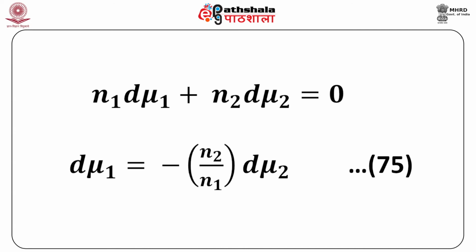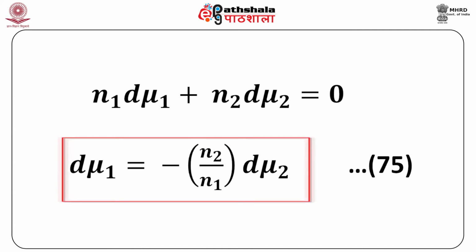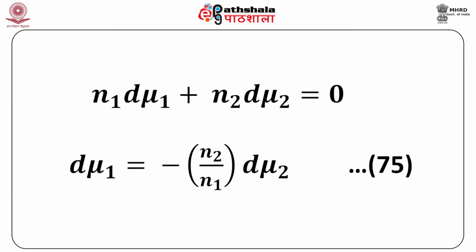On rearranging, we have d mu1 equals minus n2 by n1 into d mu2. This is our equation 75. Thus, we can say that the variation in chemical potential of one component of the system brings a variation in the chemical potential of the second component.